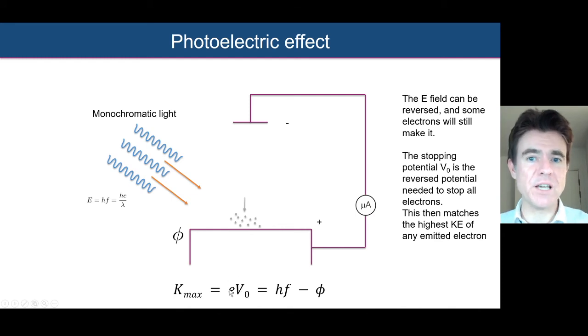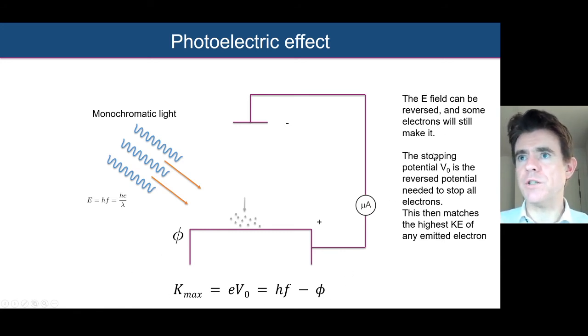And we're just doing, again, that classic equation between kinetic energy and potential energy. And we're saying if we've stopped them from making it across there, then that means all of that potential energy is matching the maximum of the kinetic energy. And then from the previous slide, we've already seen that the kinetic energy is given by hf minus the work function. So that's explaining this expression here.